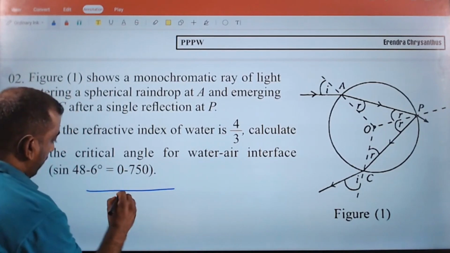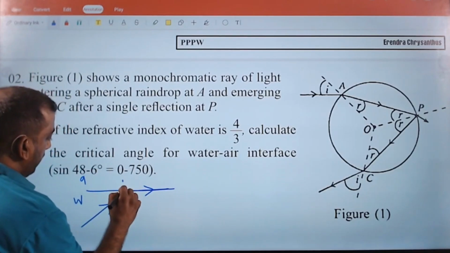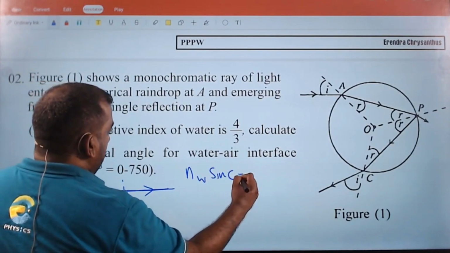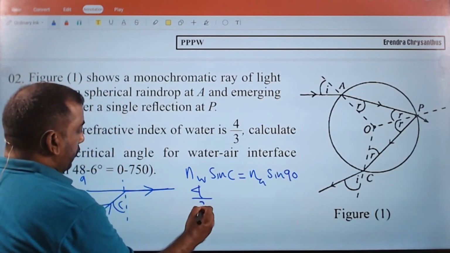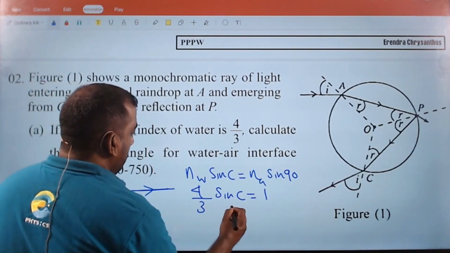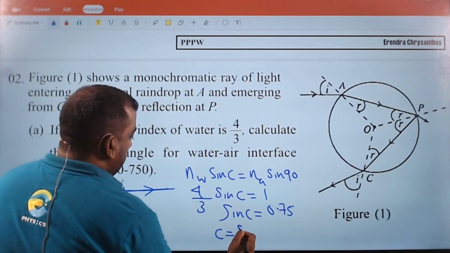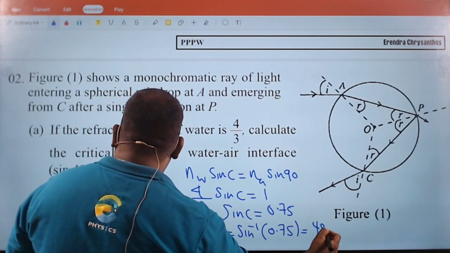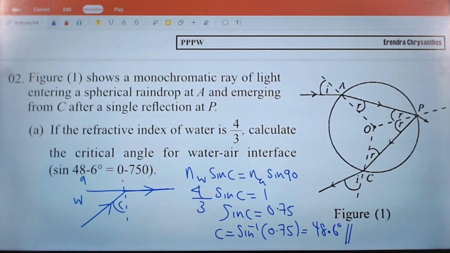So critical angle for water means water to air, goes along the boundary. n_w sin C equals n_a sin 90. n_w is 4/3, sin C is equal to 3/4, 0.75. C is equal to sin inverse 0.75, 48.6 degrees. Right, given, use it.